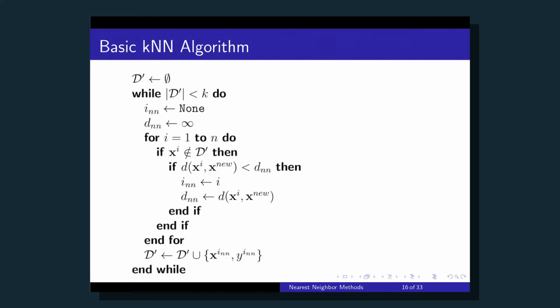So if I have a 2-dimensional vector, I have to take the difference of these 2 vectors in 2 dimensions, square them up, and take the square root. If it's 3 dimensions, I have to take the difference in the first dimension, the second dimension, the third dimension, and then square them up and take the square root. So however many dimensions you have, you have to do that many squared differences, and then take the square root.